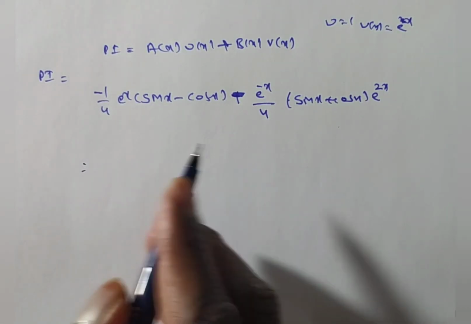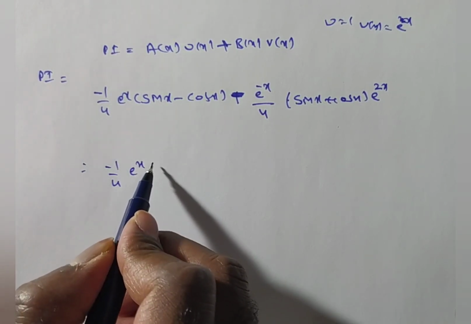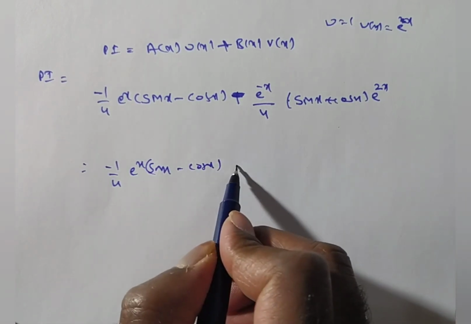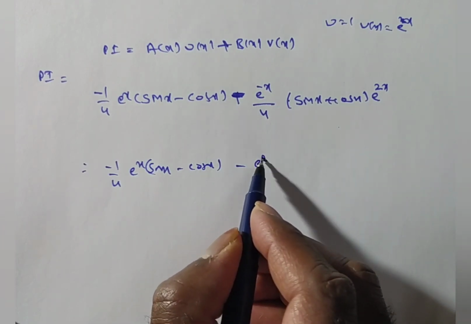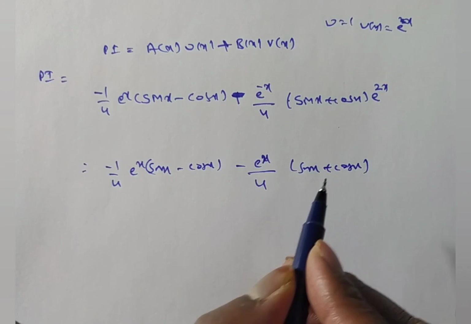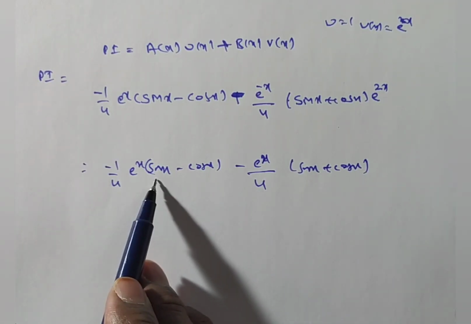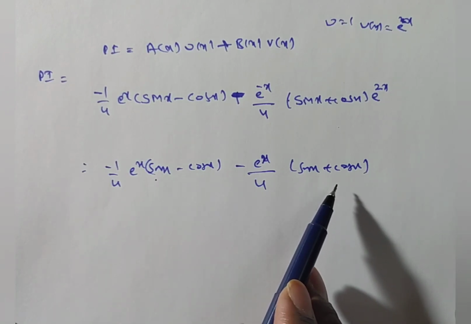Now you can simplify this, then you will have minus 1 by 4 times e power x into sin x minus cos x. Here you have minus e power 2x e power minus x, so e power x only we will have, by 4 sin x plus cos x. So here which terms are getting cancelled? This is minus, this is minus. This is sin x, this is sin x. So this is minus cosine x and this is plus cosine x.